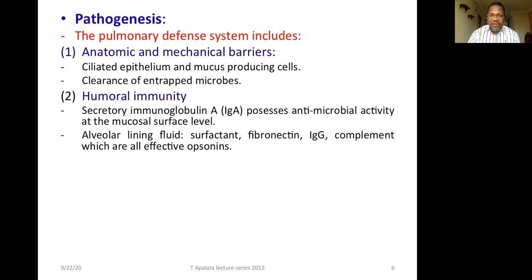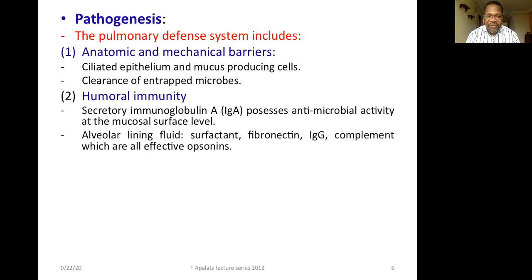We also have humoral immunity, mainly immunoglobulin A, found on the respiratory mucosal lining. They possess antimicrobial activity at the mucosal surface level, so they play a major role in killing some of the microorganisms.